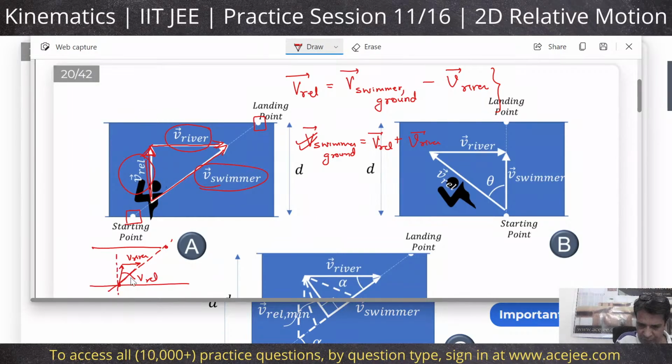So we might be asked to figure out this angle theta, right? We can figure that out now. That's fairly simple and straightforward.